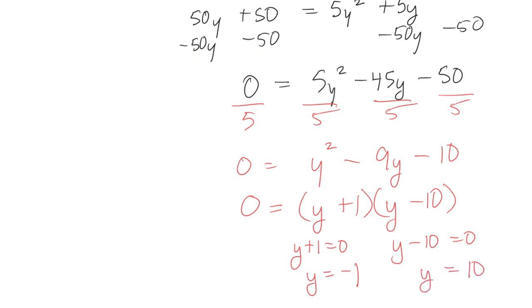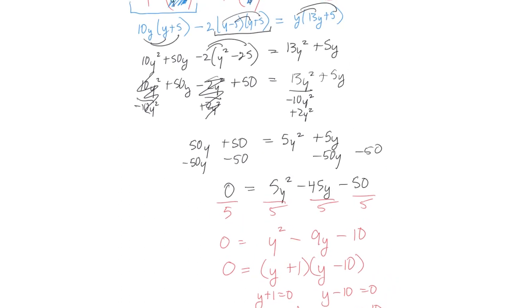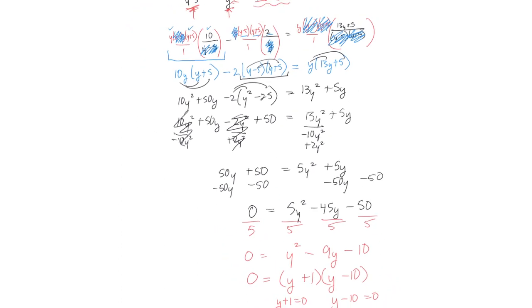Now let me go back and look at the original question, which is way up there. Okay, there we go. What I need to do is check to see if those will work. Really what I'm checking, you can check the whole thing, plug it in for y and solve each side. But what I'm checking is the denominators of the original question up here, I can't have a 0.